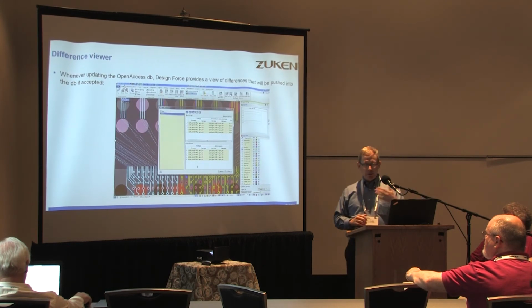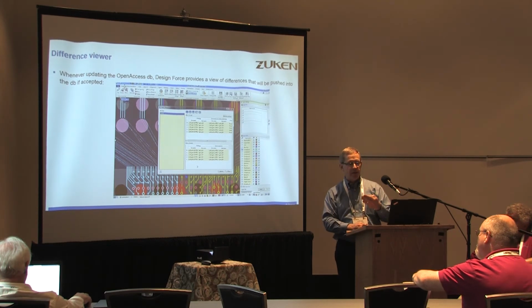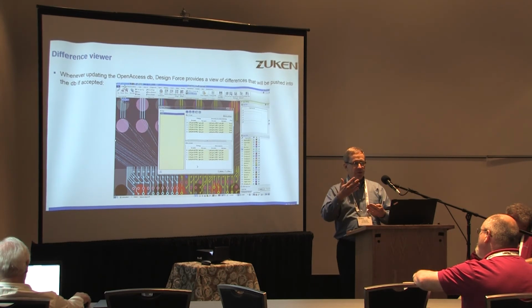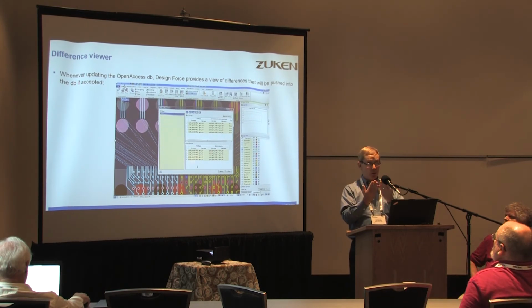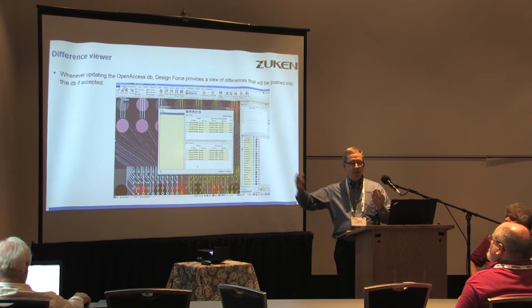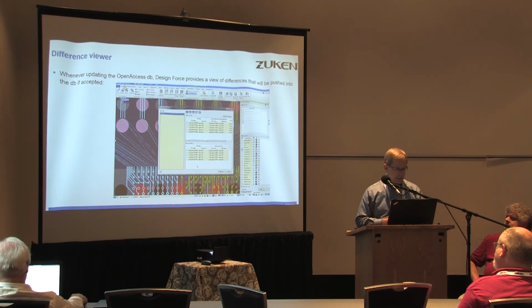When we make changes to the OpenAccess database in Design Force, we have a difference viewer. This is an important part. Whatever tool it is, if you're going to bring in modified data, you should have a difference viewer that says, okay, this incoming data is this, your existing data is this. Do you want to allow these changes? We provide that in Design Force as we pull data into OpenAccess.